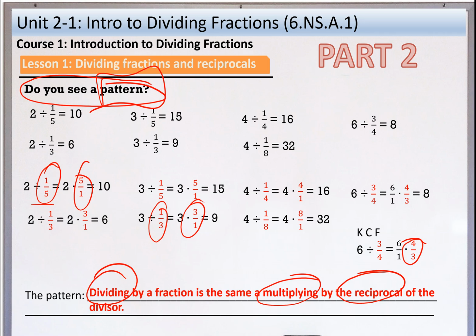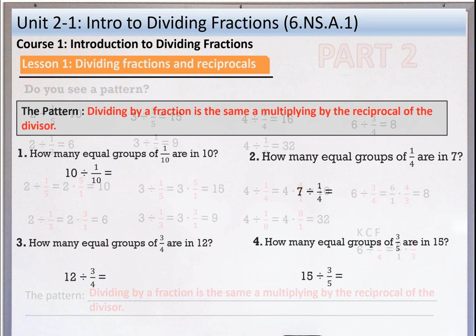Just understand that what you're doing is division of a fraction is actually multiplying by the reciprocal. That's why we spent so much time on reciprocals in the unit on math. So that's the relationship between dividing by a fraction and reciprocal.